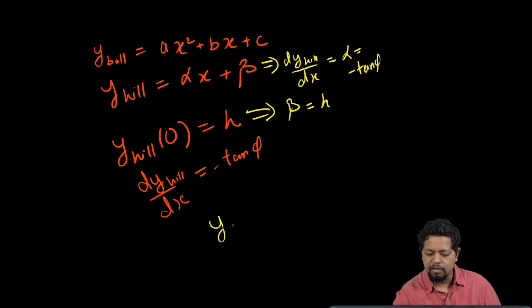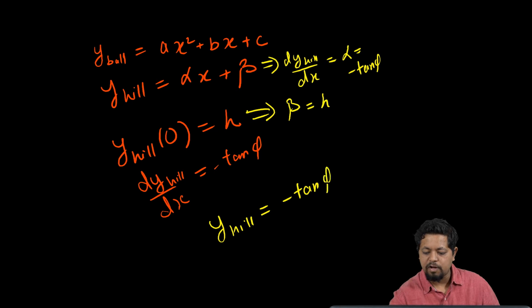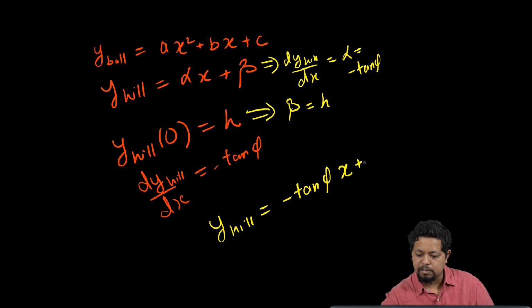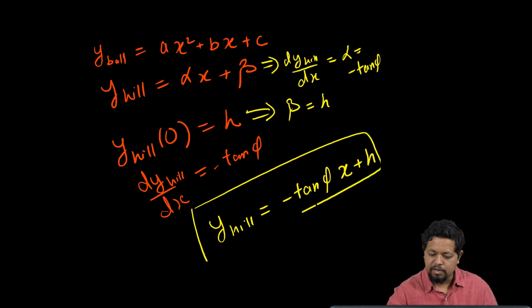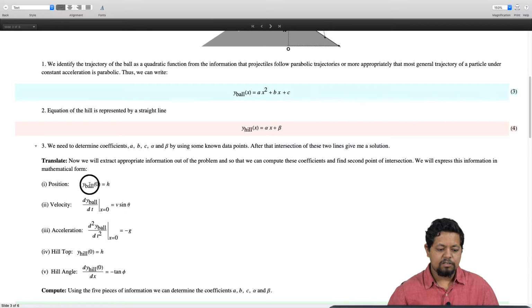So therefore y hill is equal to minus tangent of phi times x plus h. So that's the equation for y hill. I want to use the other 3 conditions to find out a, b and c.